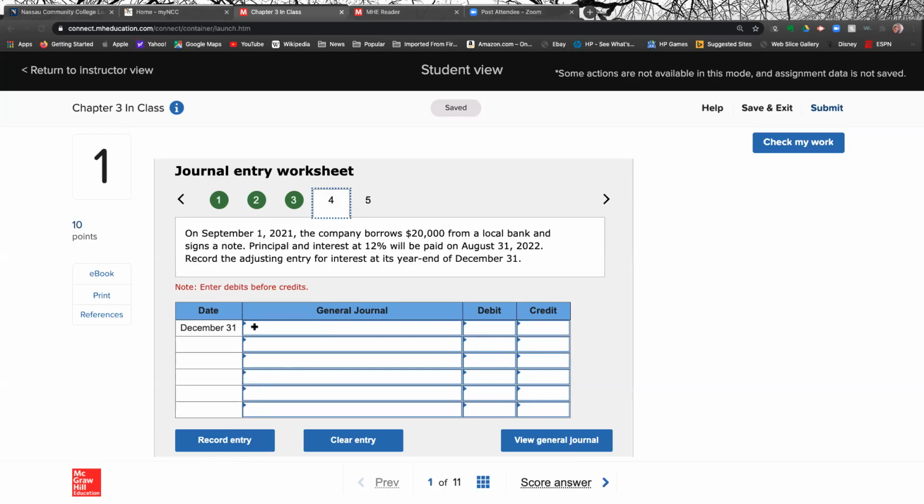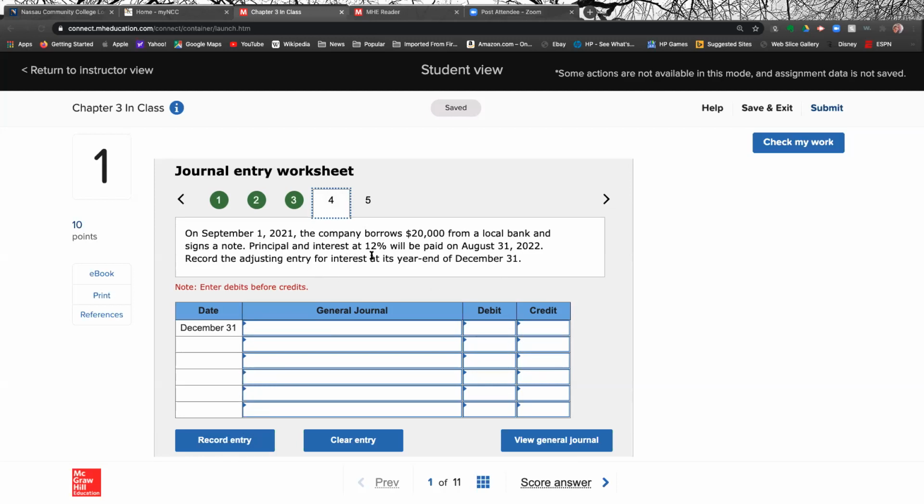Okay. Now here, September 1st, December 31st. How many months is that? That is 4 months, isn't it? 4 months. So on September 1st, they borrow $20,000 from a local bank and they sign a note.